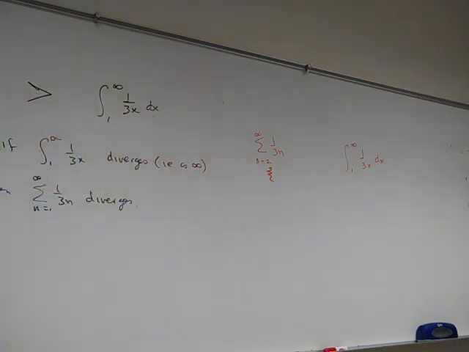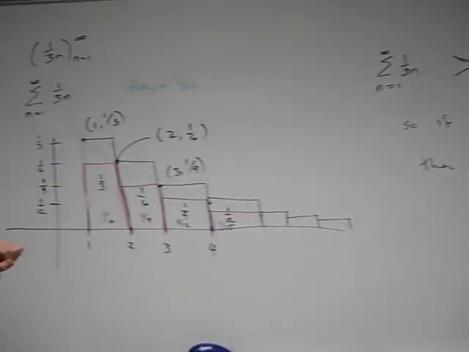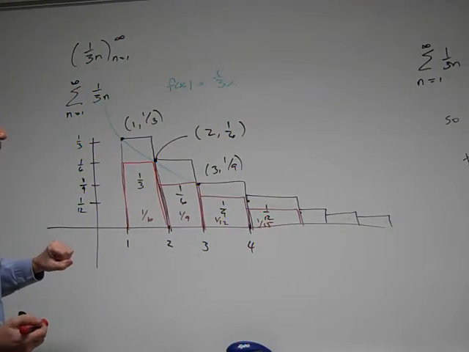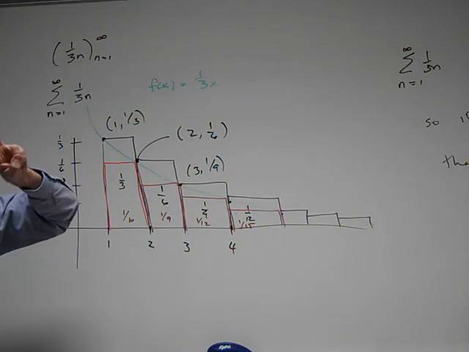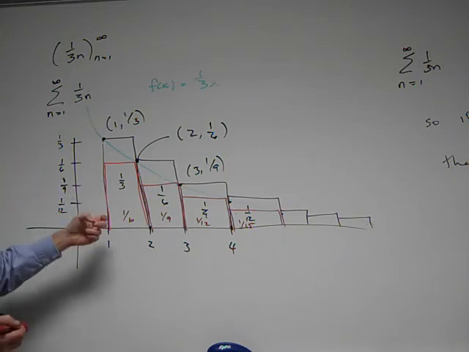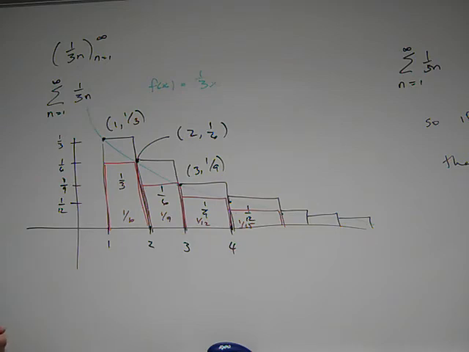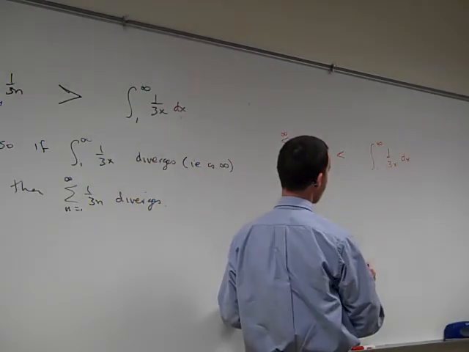Because by shrinking my sums of these rectangles to underneath, all I really did was start my series at 2. So how does it compare to the integral now? It's less than it, right? So what can I conclude?